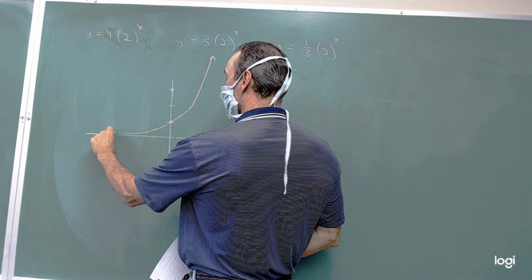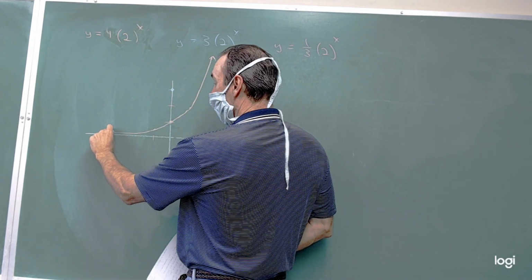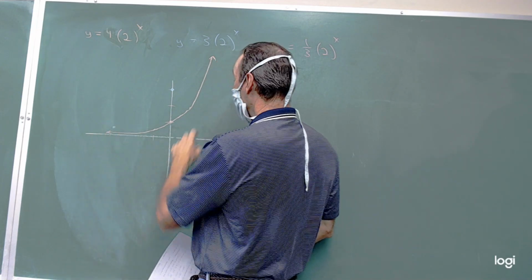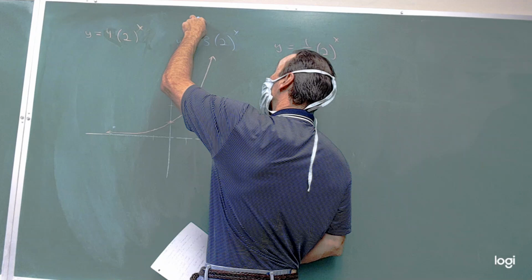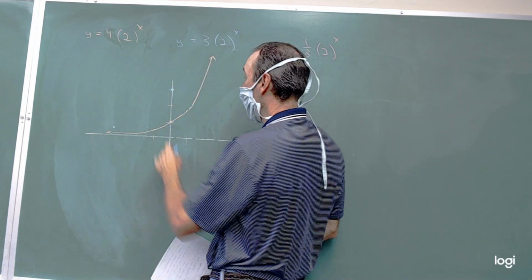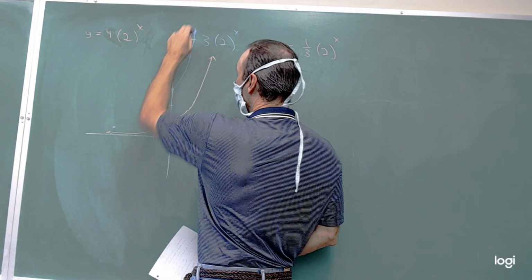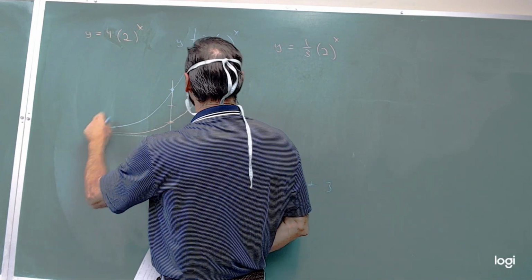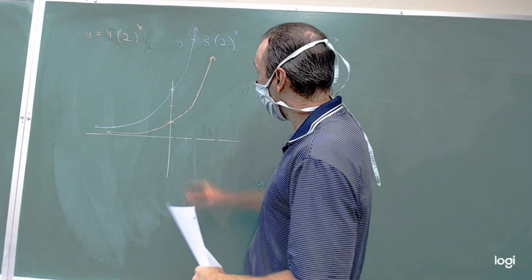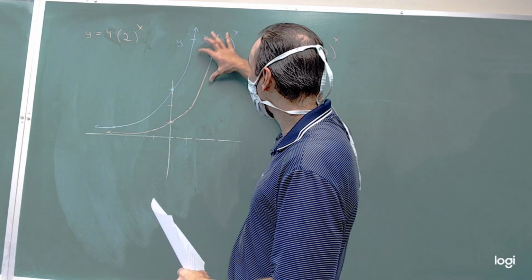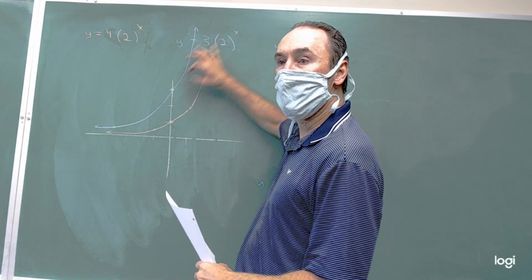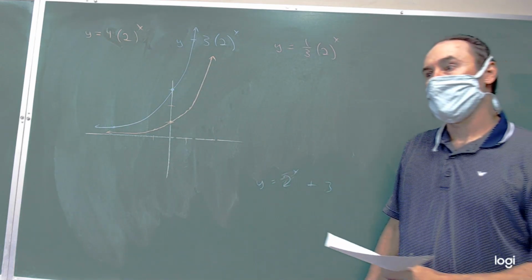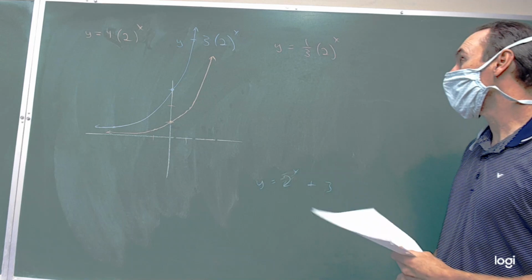Now these really small values here are going to be 3 times as tall, which means they're not going to be very tall. But these big values here are now going to be 3 times as tall, so they're going to get stretched even more. I'm trying to see if I can make that look like what I want it to show. So the spacing between these is changing as we move across the graph from left to right. So they're no longer congruent graphs.